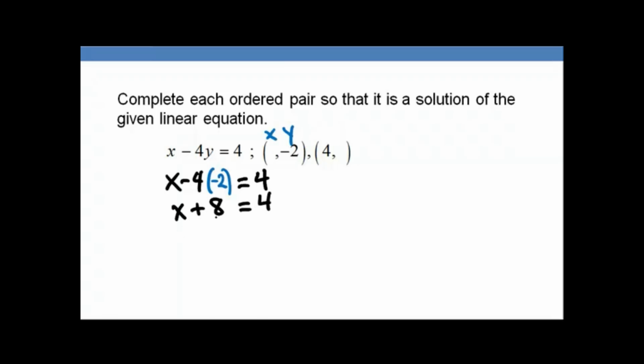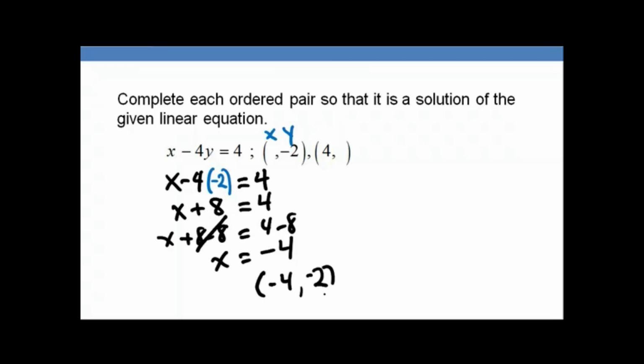And to isolate your variables, subtract this 8. So we have subtracting 8 from both sides. X equals negative 4. So negative 4, negative 2 will make it true. We have forced it to be true. So negative 4, negative 2.